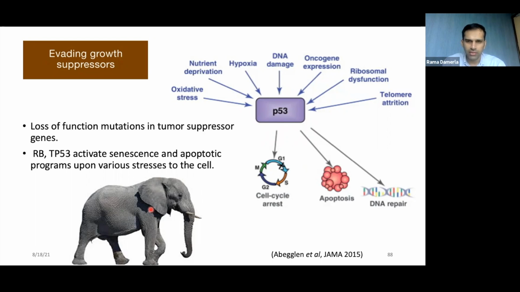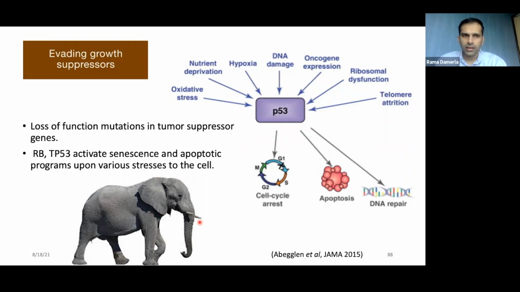So even if there are mutations in one or two of these genes, these elephants are able to not go into cell cycle arrest or apoptosis, and then they don't get cancers.